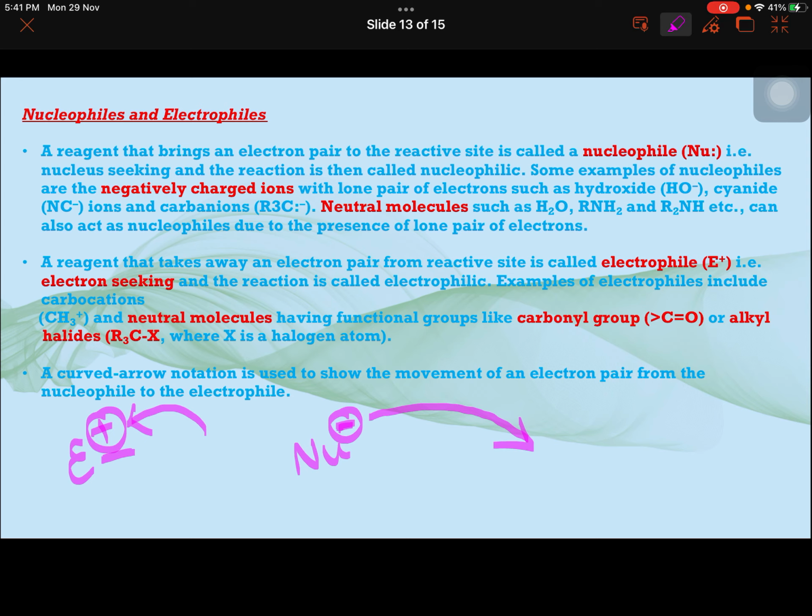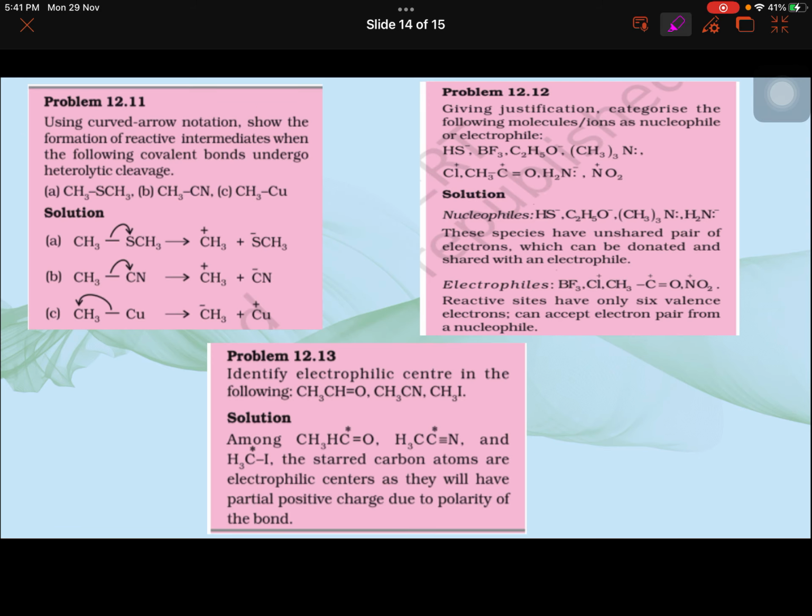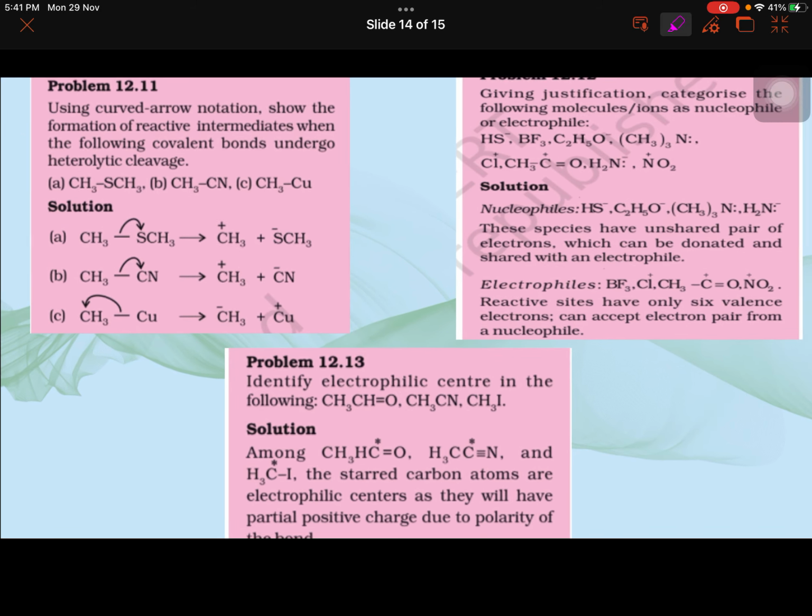It is seeking electrons, but it cannot attack in this way. That attack means offering electrons. That is not possible for an electrophile. So the tail of the arrow should always be at the electron rich site, and the head should be towards the electron deficient site.